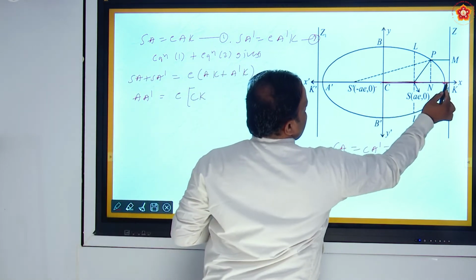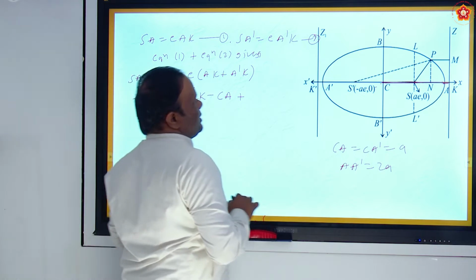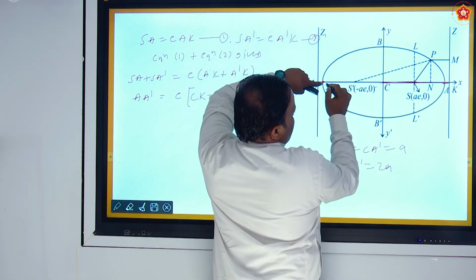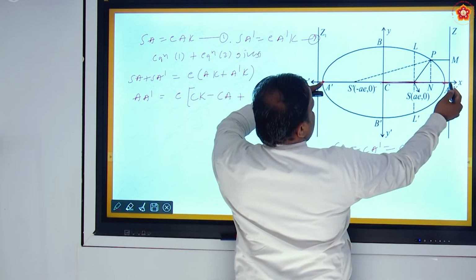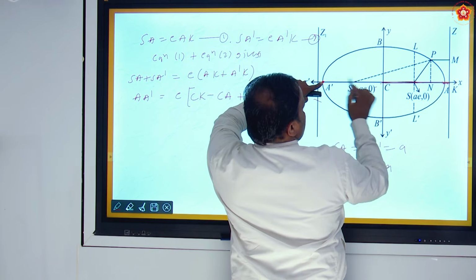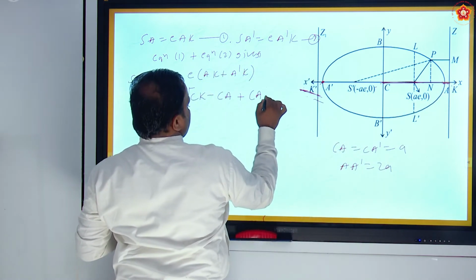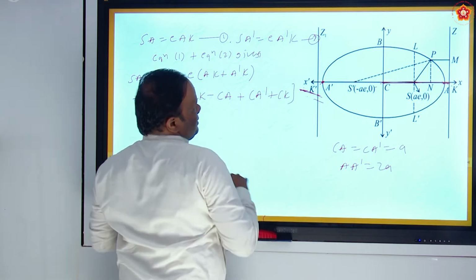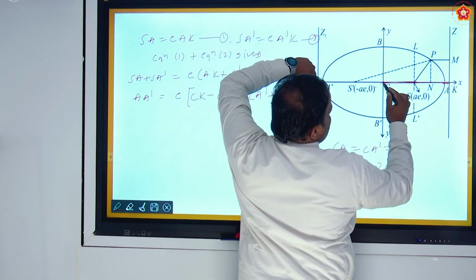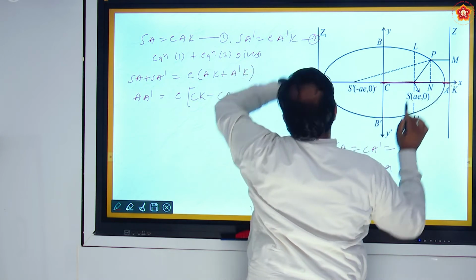What is A dash K? A dash is on the other side. Measuring from the origin, A dash K is CA dash plus CK, which is nothing but A dash K.